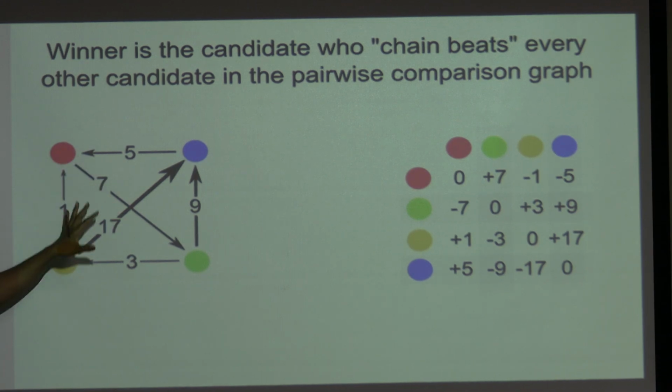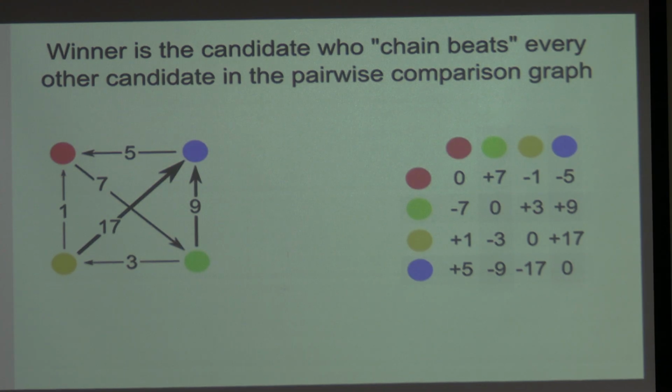I have not drawn it because that would mess up the picture, but that edge is there. Likewise, I draw edges between all pairs of candidates. These are weighted and directed edges. Everyone happy with how we drew this graph? Any questions? Okay. Cool. So Schulze really operates on this graph.